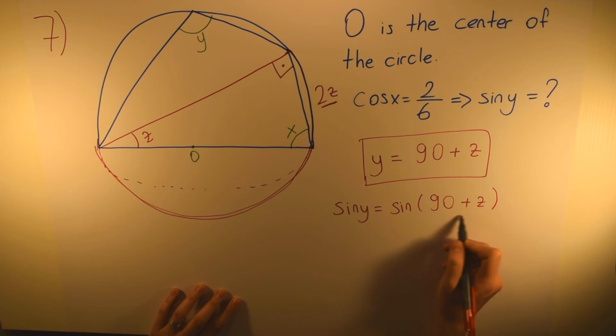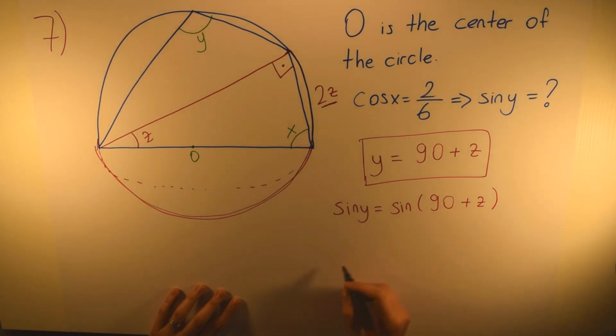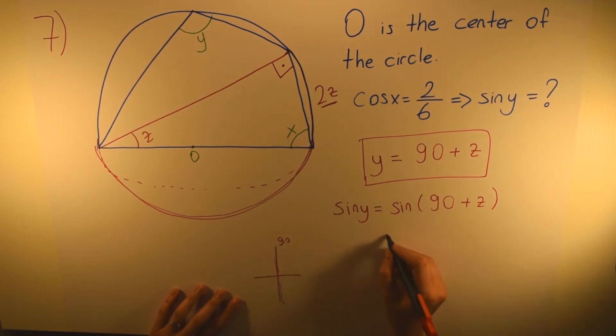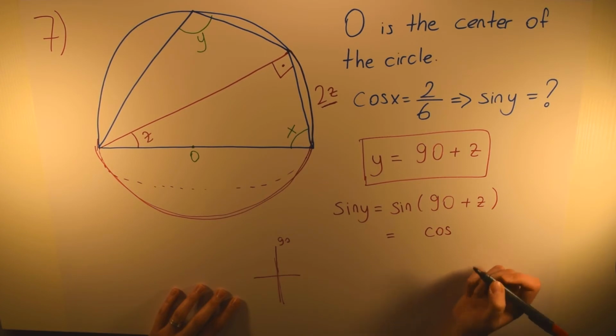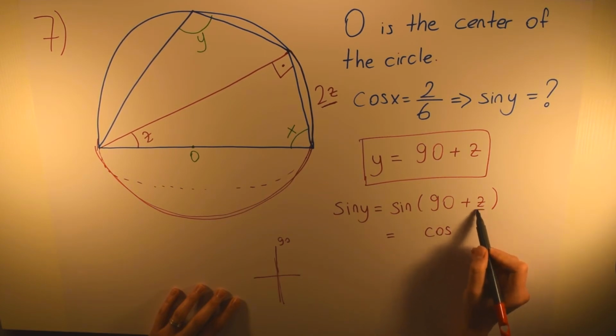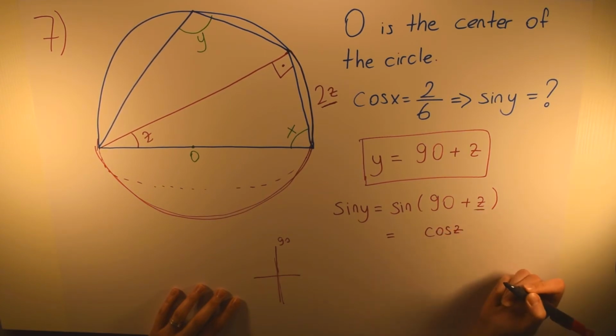Let's find the value of this one. When I draw my unit circle, 90 is here, right? As you can see, on this line the function name changes, so it will become cosine, and after that I'm looking at my angle, which is here equal to z, and the last step is to look at its sign.